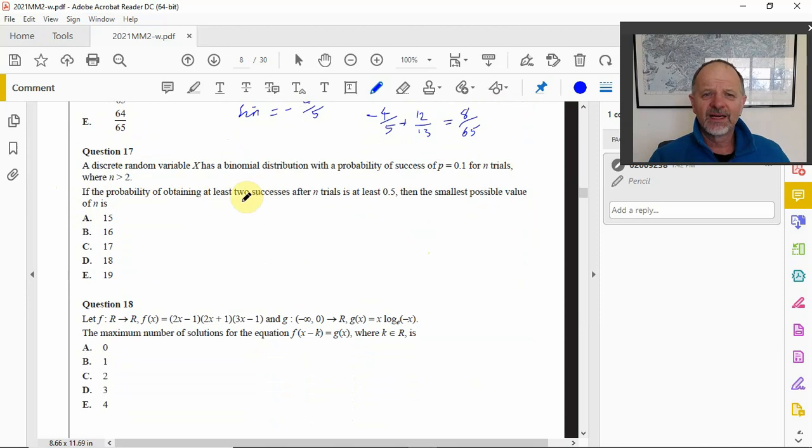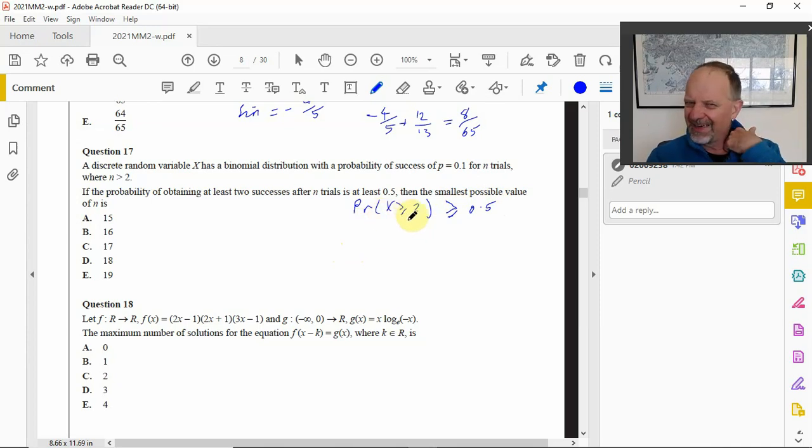Probability of obtaining at least 2 successes, so the probability that x is greater than or equal to 2, is greater than or equal to 0.5. So at least 2. Now we don't know where the top end is, we don't know where n is. What we do know is where the bottom end is. We know x could be 0, and that can't be any less than that.